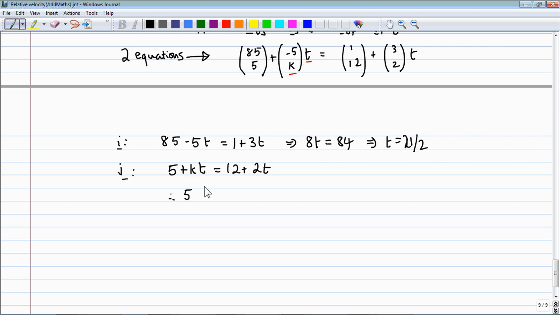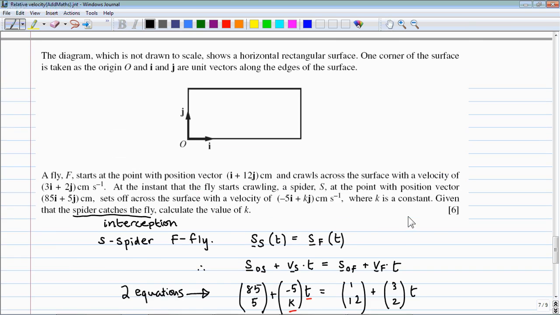So 5 plus 21 over 2 k equals 33, so therefore k is 28 times 2 over 21, which is 56 over 21, which is 8 sevens over 3 sevens, so it's 8 over 3. So the value of k is 8 over 3, and that's the answer to the question.